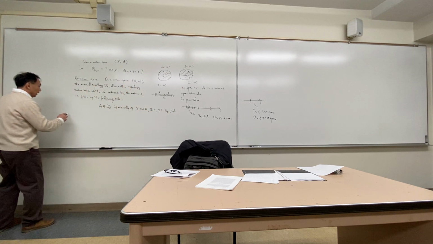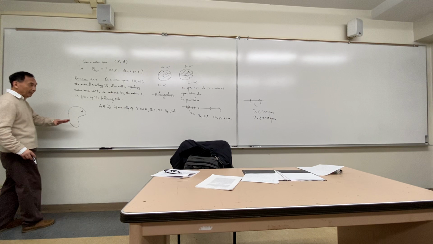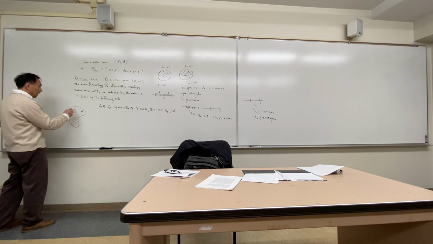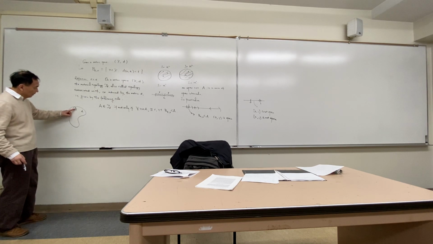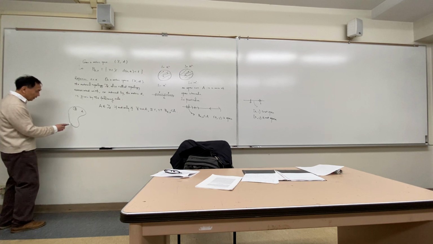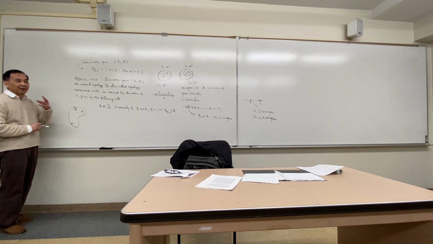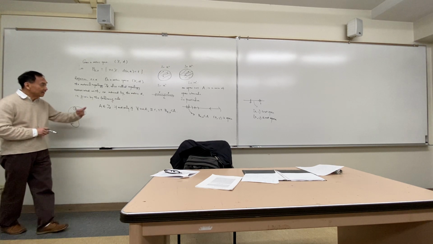The picture looks like this: this is the set A. We say that it is open if and only if for any x in A, you have a ball of radius r, centered at x, contained totally in A. No matter how close the point is to the boundary, say if this is x, you can always find a smaller ball that is contained totally in A. So in one word, every point is an interior point. It is surrounded by points inside A, in the sense of the metric.